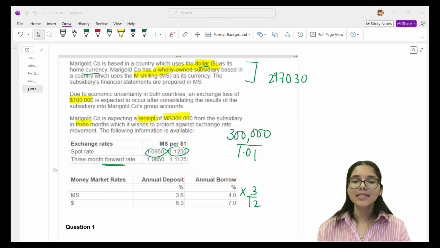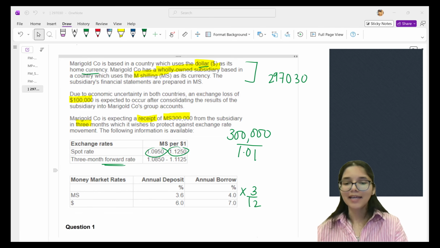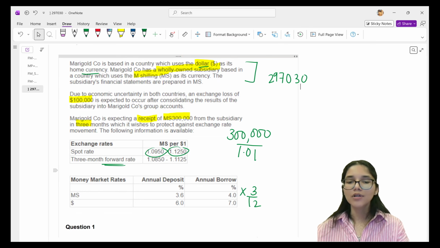Yes, we will convert this to dollars, and when you are converting it to dollars, you will simply divide it by the higher rate. So the higher rate that is given to us is 1.1250, which gives you 264,026.